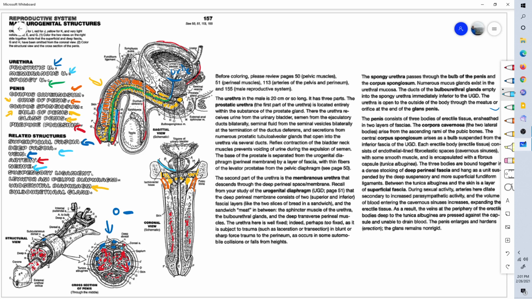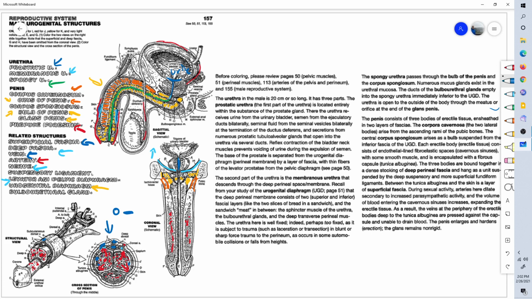This is a group of muscles, levator ani muscles, that when they contract, can lift the pelvic diaphragm upward, and when they relax, downward. But here we have the urethra, and once again, the prostatic urethra through the prostate from the bladder.